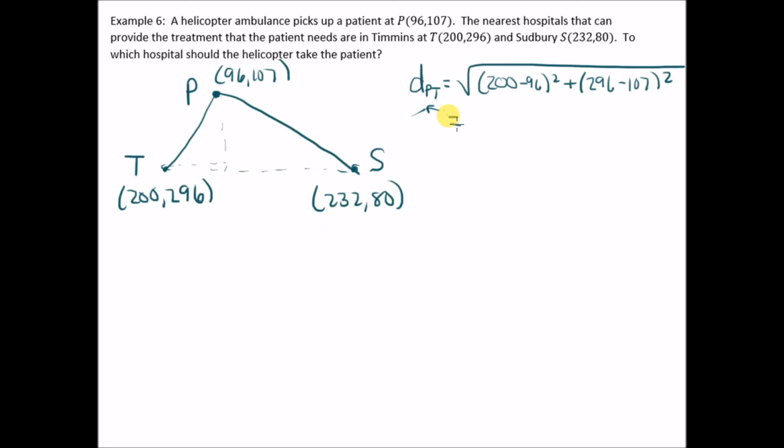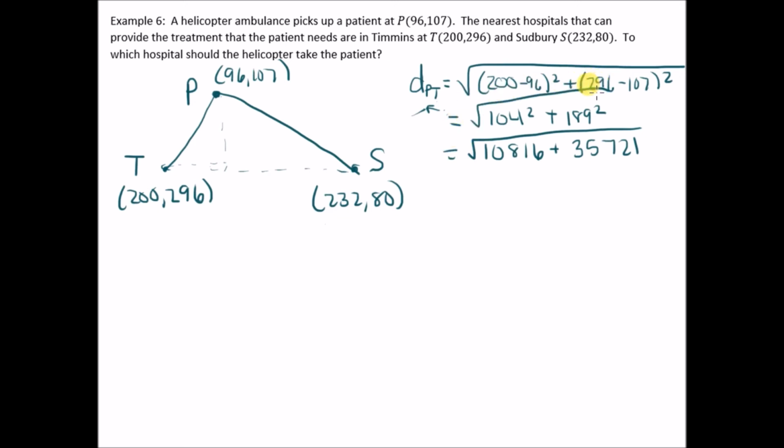200 minus 96, I get 104, and that's squared. So in the next line, I'm going to put 10,816. And 296 minus 107, I get 189 squared, and in the next line I'm going to put 35,721. I'm going to put roots on all of those.